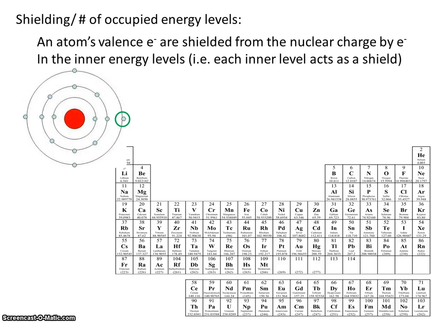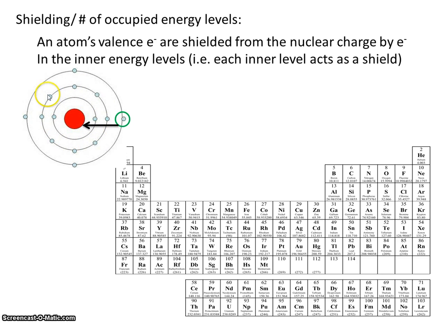Okay, so this is the valence electron for this particular atom. Now you know that the positive nuclear charge pulls this electron in towards itself. So this electron experiences a positive nuclear charge. But in between this valence electron and this positive nucleus, there are 2 energy levels.